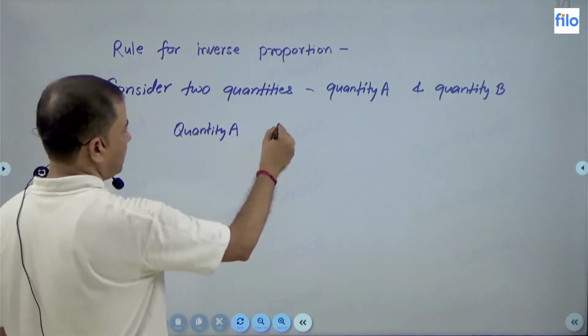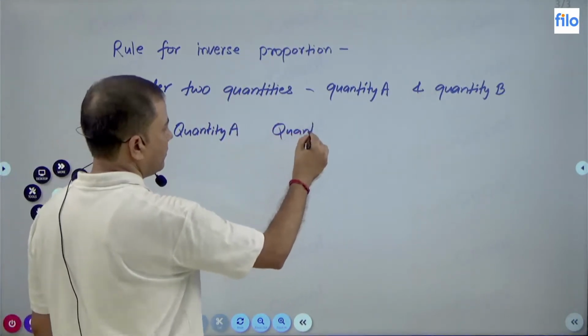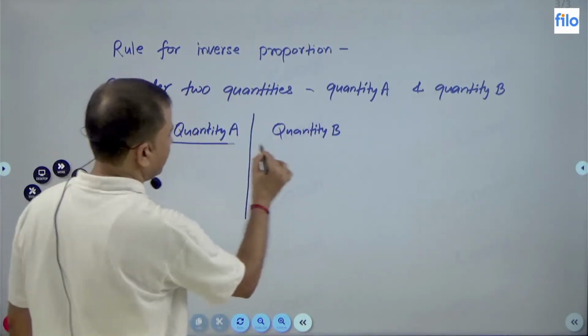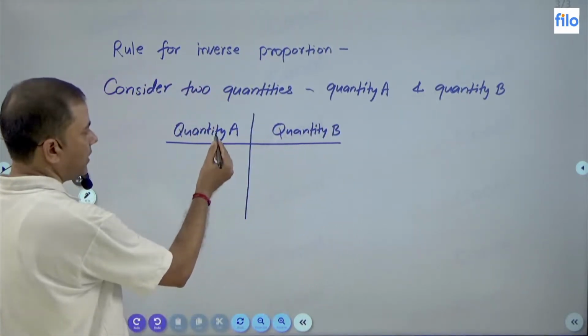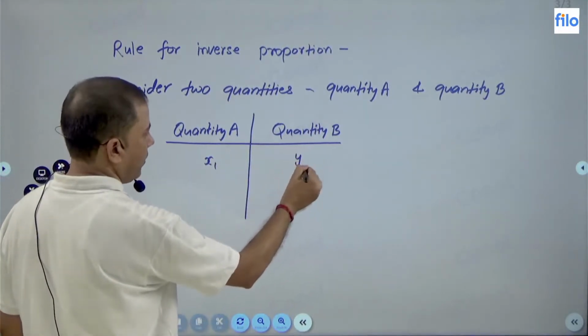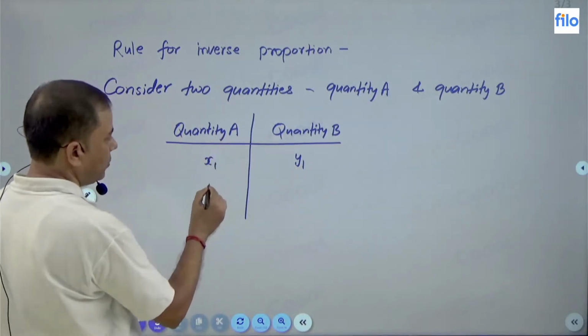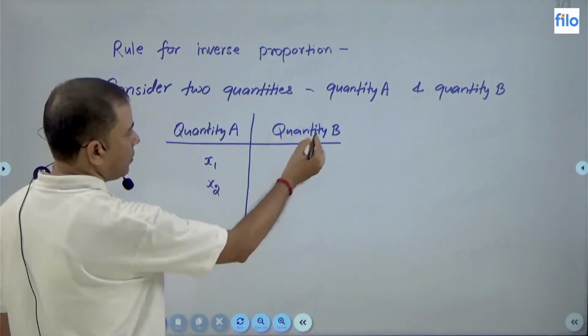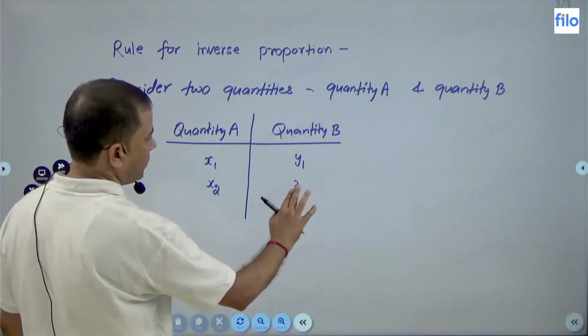Quantity A, quantity B. Quantity A value is x1, quantity B value is y1. Quantity A value x2, quantity B value y2.